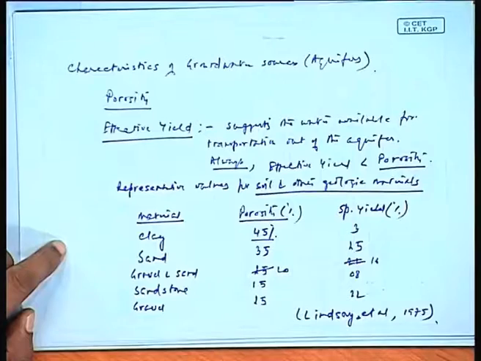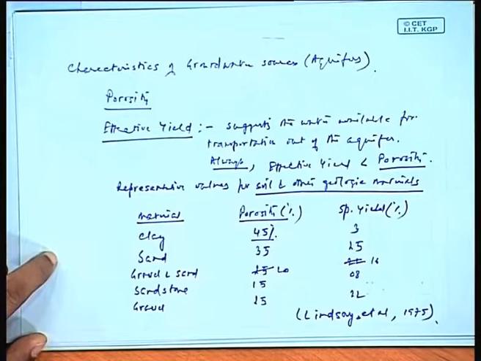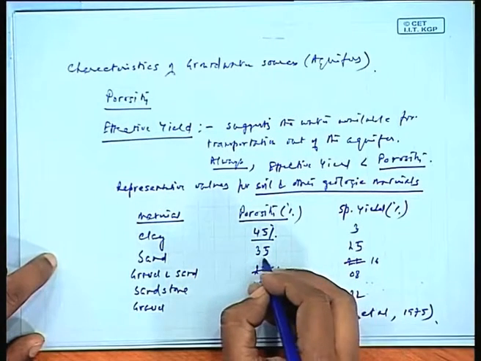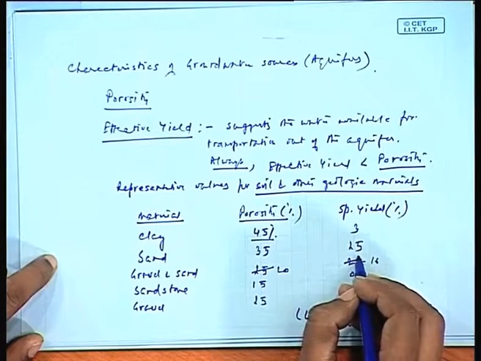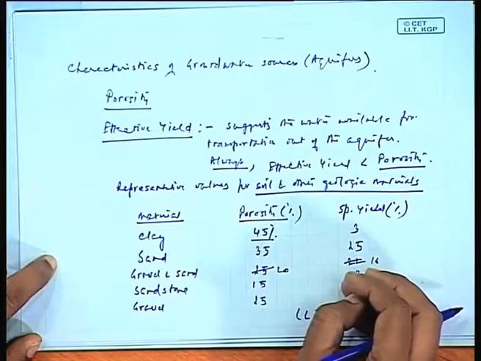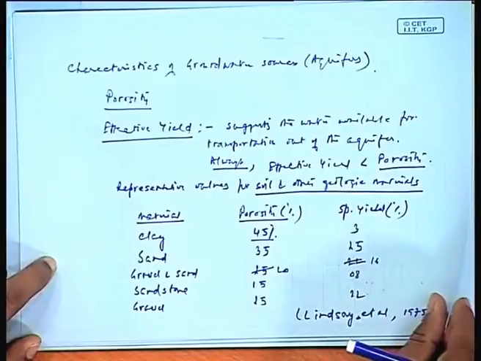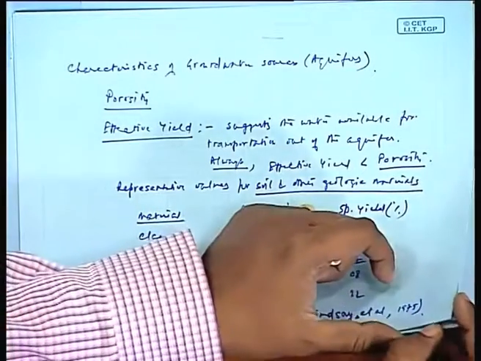The available water is 35%, but the transportable water, the water that can be drained out, is only about 25%. The rest of the water would be locked into the structure itself, either in the form of vapor or water. This is what is meant by the two terms, porosity and specific yield.